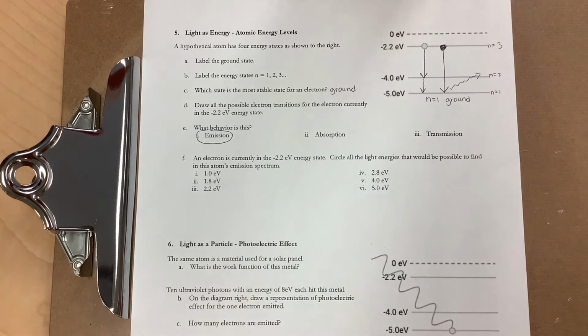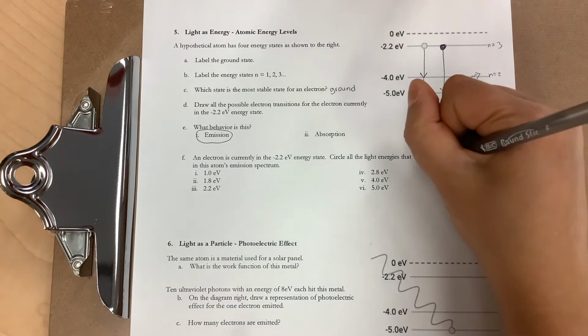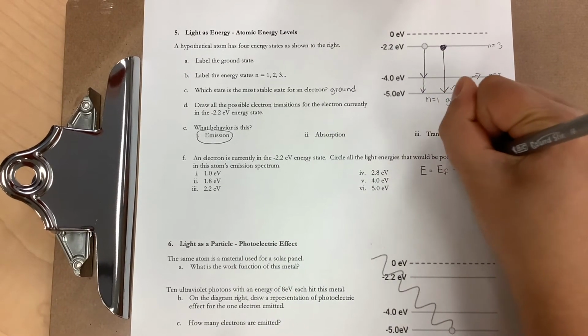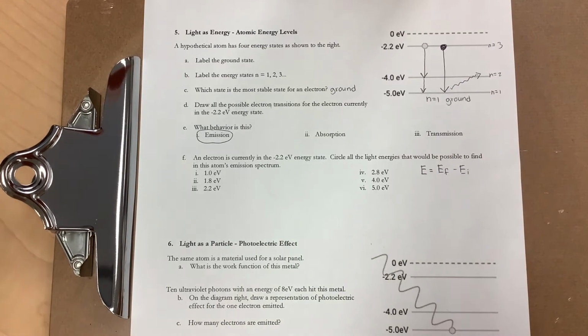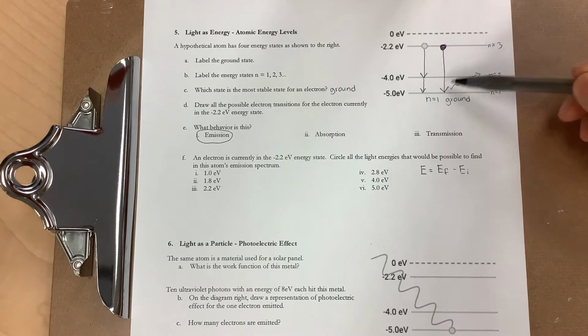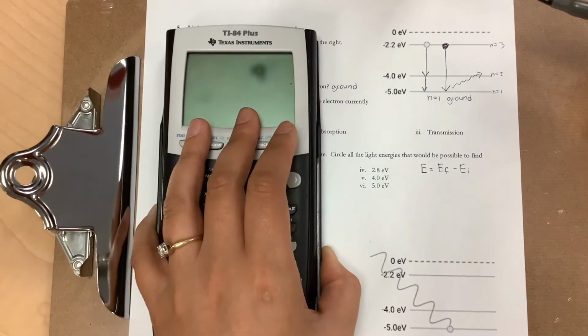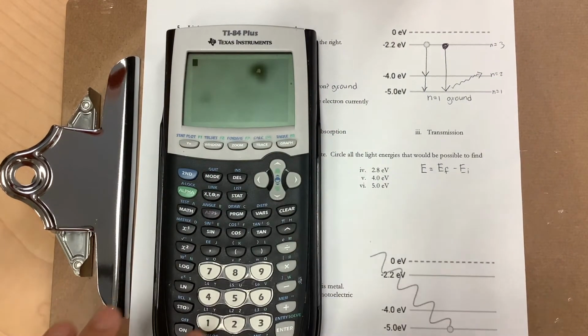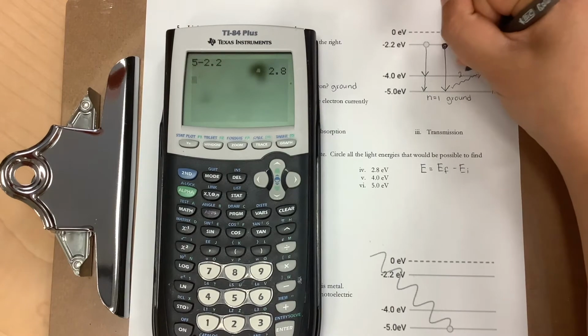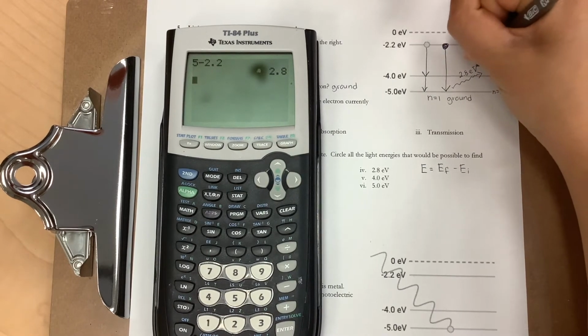So my potential energies here, I'm going to get by subtracting. This wave of light that goes from the n equals 3 state to ground should conserve energy. If I take 5 electron volts minus 2.2, this wave of light should have 2.8 electron volts of energy.